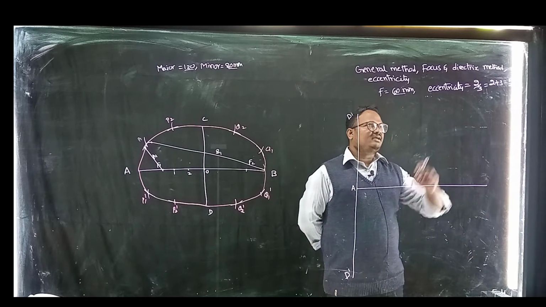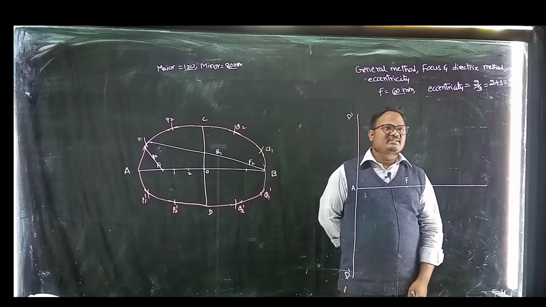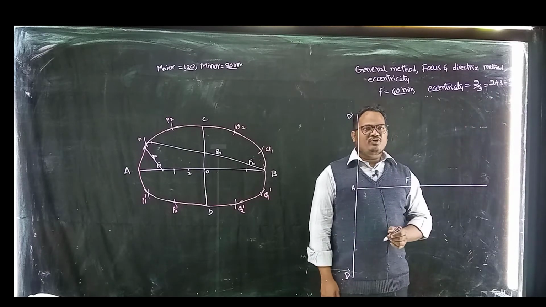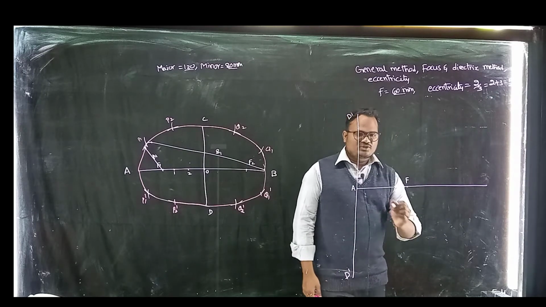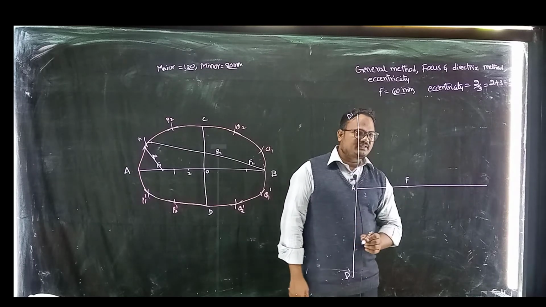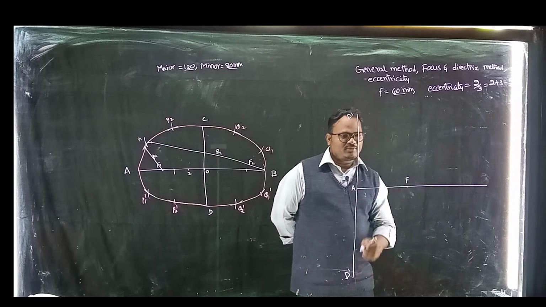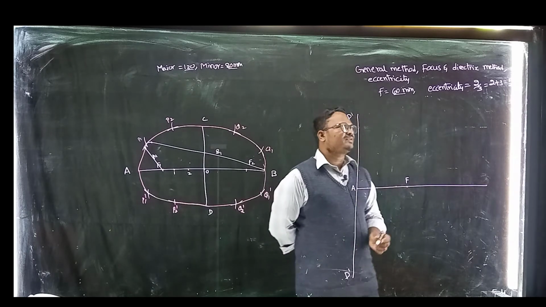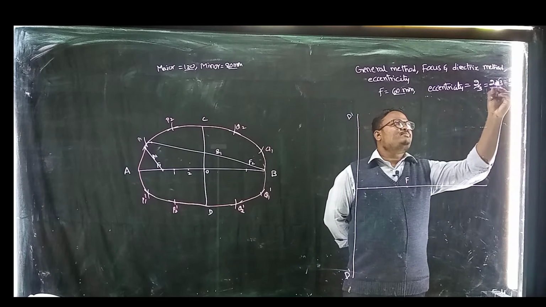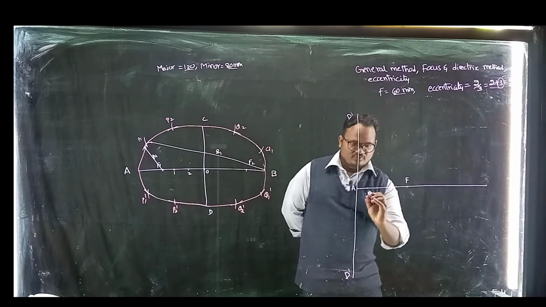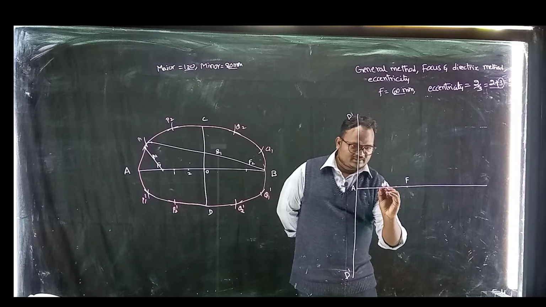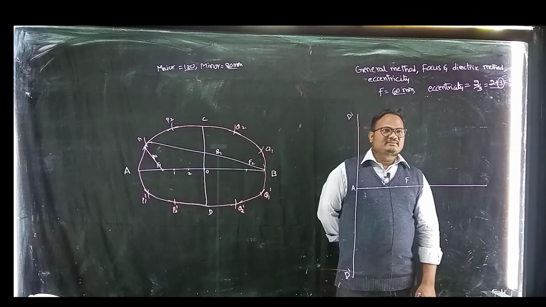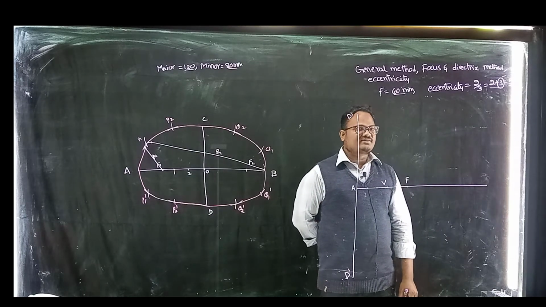Depending upon data, I take eccentricity as 2/3, so 2 plus 3 is 5, and I divide the focus length into 5 equal parts: 1, 2, 3, 4, 5. So 2 plus 3, what is the bigger value? 3. 1, 2, 3. 3 is the location of vertex V.